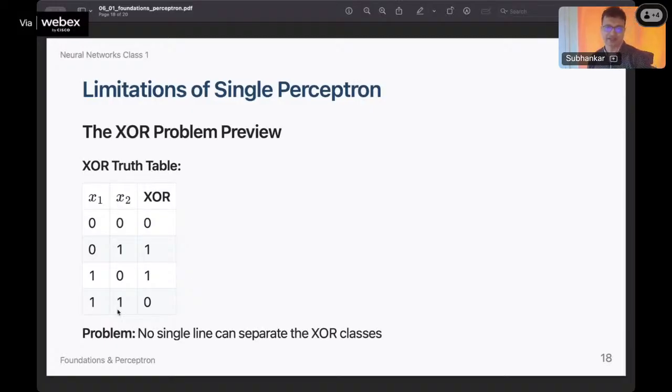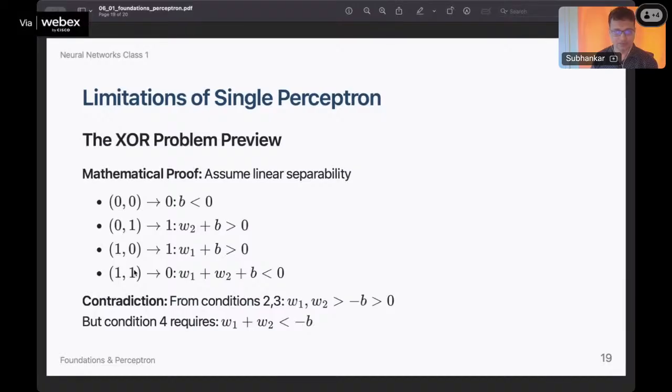And the idea is that no single line will be able to separate the XOR classes. I will show you the 2D plot also. It will make more sense there once we go.